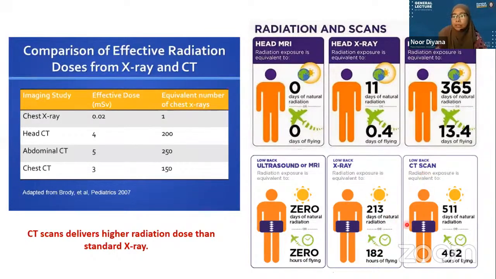Okay, but using CT, it's about 511 days of background radiation exposure. So actually, CT scans deliver a higher radiation dose than standard X-ray. Okay, so this is one of the major concerns, because CT scans deliver a higher dose to the patient.